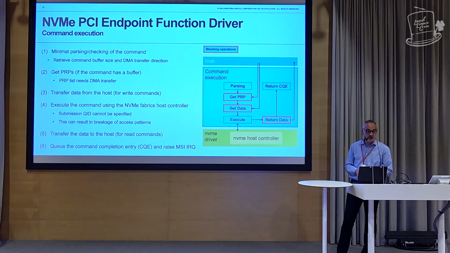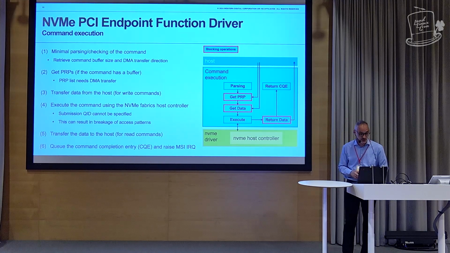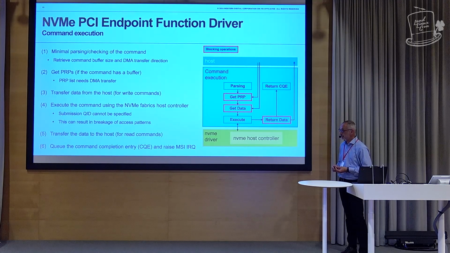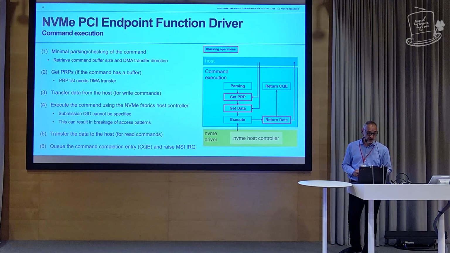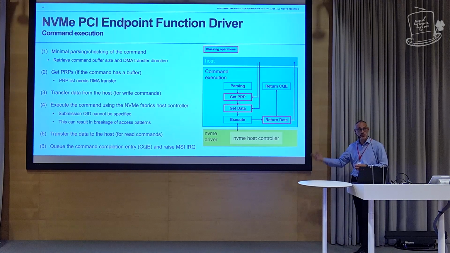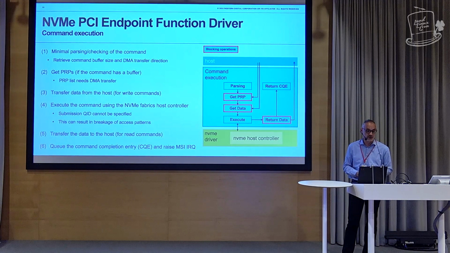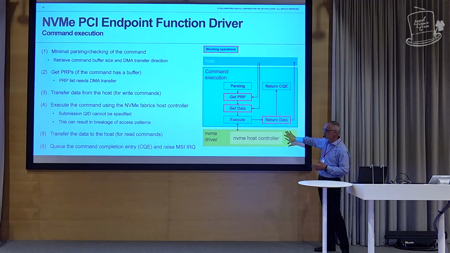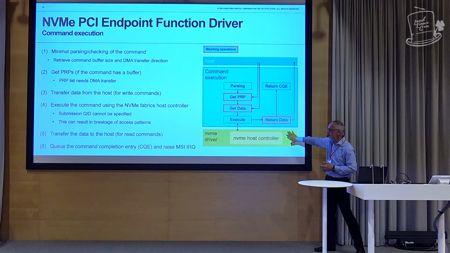And there is a callback that signals the completion, at which point, step 5, if it was a read command, we transfer the data back to the host and finish everything for that command by queuing the completion entry in the completion queue and raising an IRQ to signal the host the completion of the command. So very simple, because all the heavy lifting for the NVMe command parsing and execution is done here.